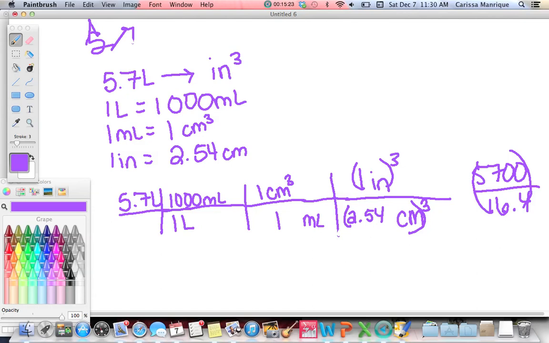And hold on, 5.7 times 1,000 divided by 2.54 raised to the third. Yes, this equals, we'll say, 347.8 inches cubed.